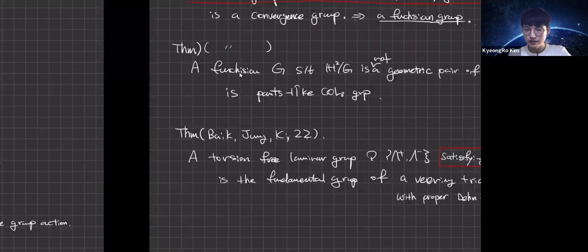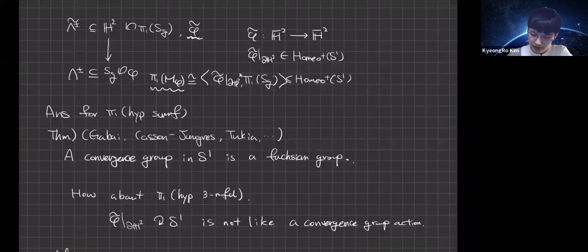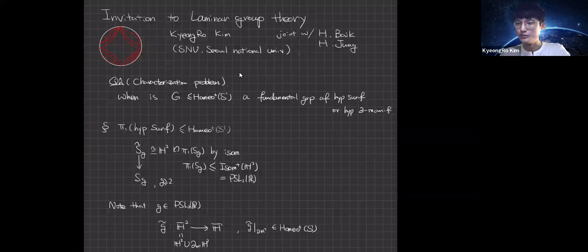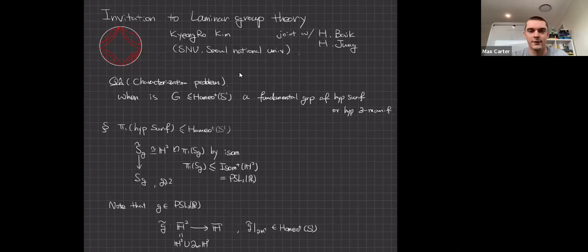But usually a laminar group contains pseudo-Anosov-like elements, and this kind of element breaks the discreteness. So typically for the 3-manifold case these are not discrete. However, for the surface case, they are usually discrete groups. Okay, thank you.